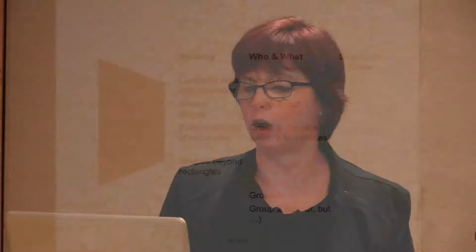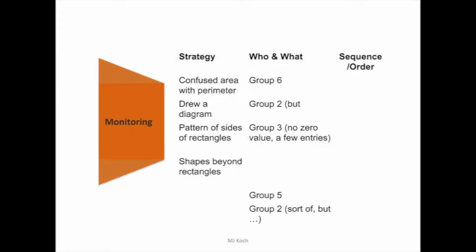The strategies that you anticipate are in that first column on the left. I've jotted a few down that relate to the 36 fences. So that idea that they might have confused area with perimeter. You might be keeping track of how they solved the problem. Did they draw a diagram? You might be keeping track of how many people just did rectangles and how many people did other shapes, and different things like that.